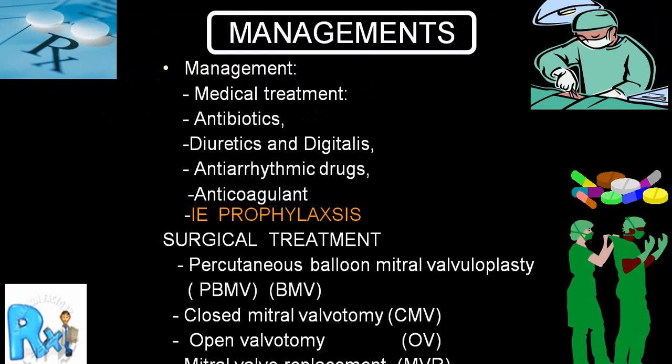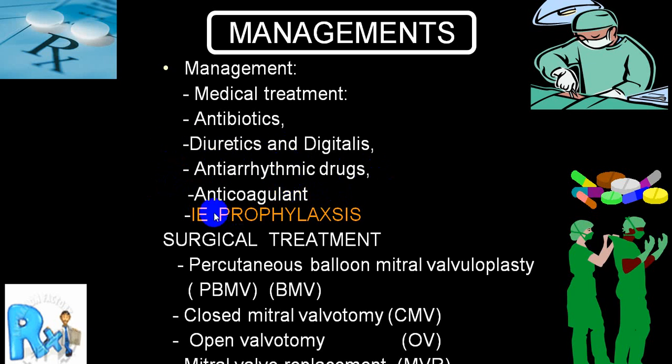As far as management is concerned, medical treatment for failure, antibiotics in presence of infective endocarditis, mainly in medical treatment, diuretics and digitalis. If there is an atrial flutter fibrillation, antiarrhythmic drugs. To prevent thromboembolism, anticoagulants.